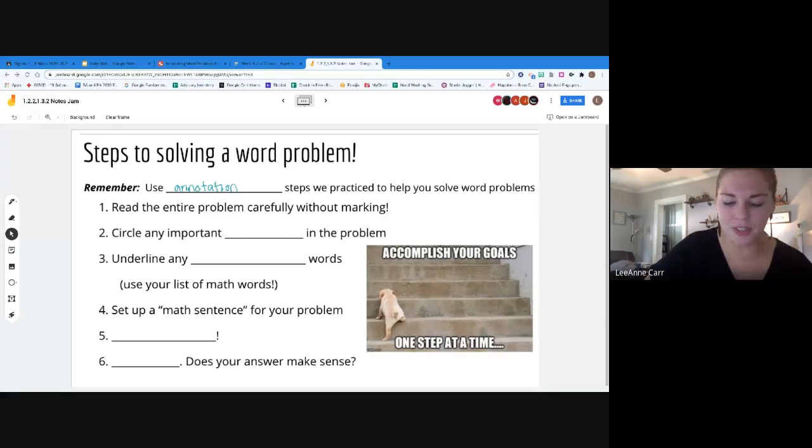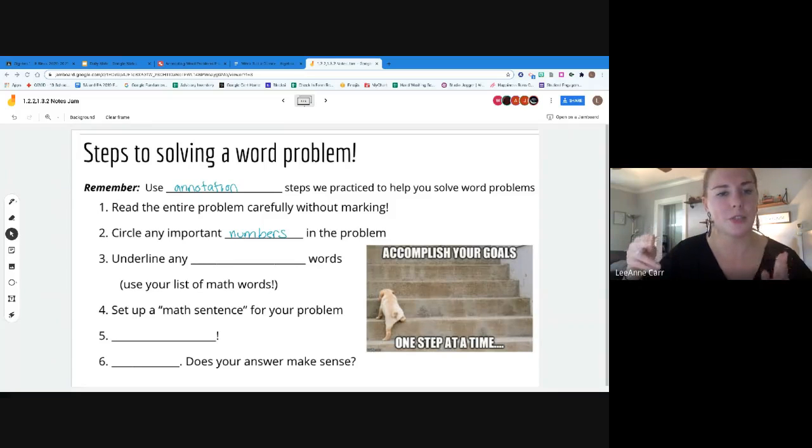All right. So the first thing you should do with any annotation, whether it's English, history, math, is read through the whole thing first without marking it, without touching it, just so you can understand what is going on in the problem. Second thing we're going to do is circle any important numbers in the problem. Now, if you have your packet, you're just filling in the blanks. If you're writing this on a separate sheet of paper, you can paraphrase a little bit.